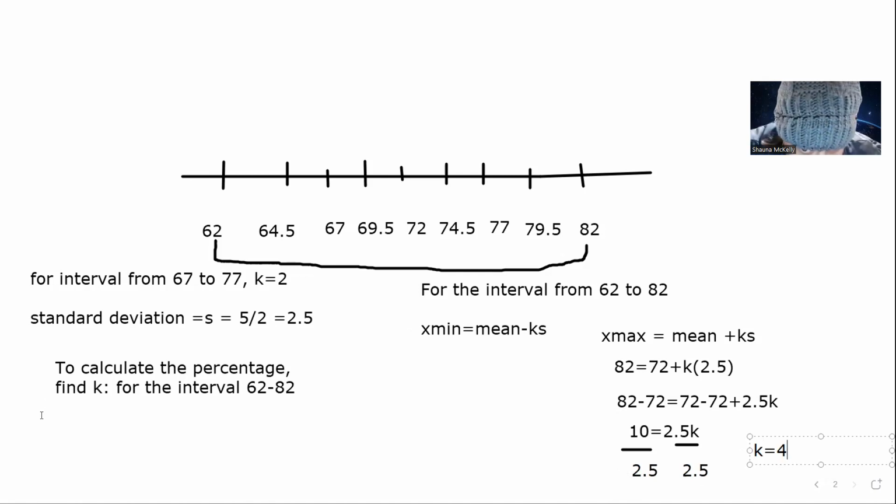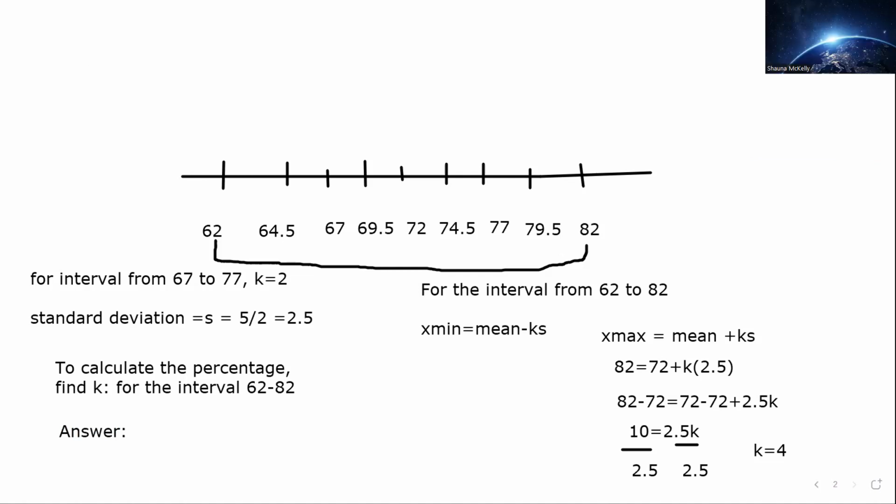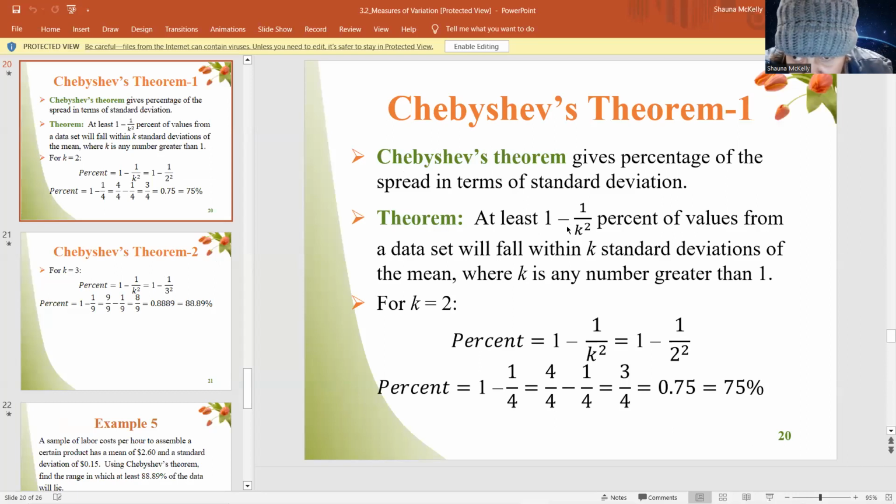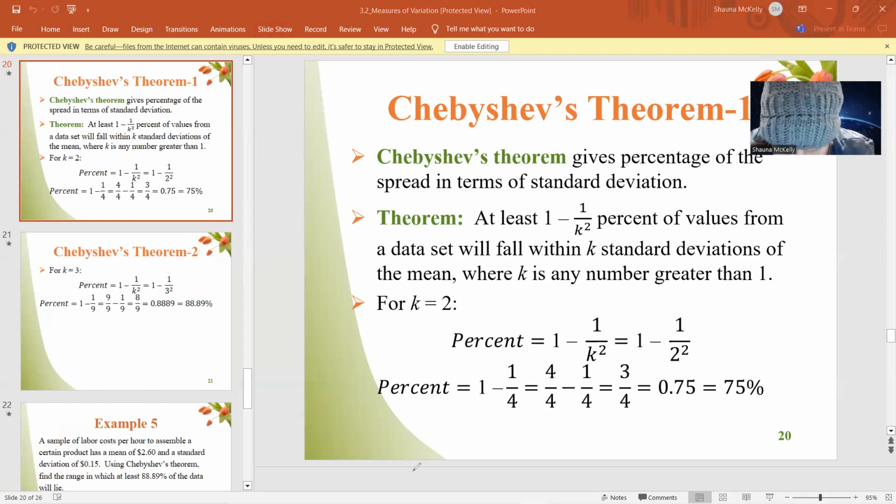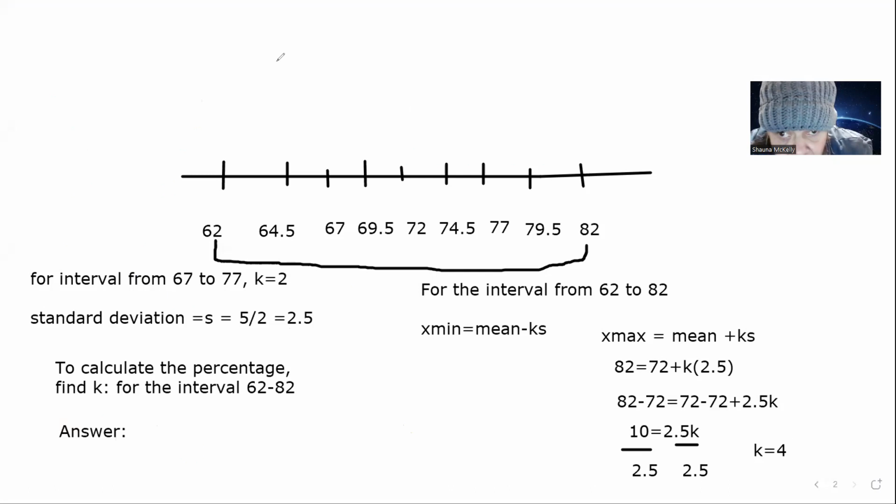So now we can do the calculation. So what is the percentage? Well, getting my answer is going to involve using the formula, which let me remind you, the formula for Chebyshev's theorem is 1 minus 1 over k squared. Now this k is going to be 4 because we're using the longer interval. So we're going to plug that in.